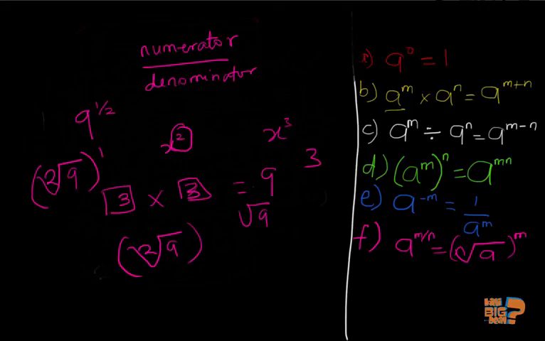Take a look at it again. 2 root 9, then raised to power 1. So if you have x raised to power i over j, it's the same thing as saying j root x, everything raised to power i.